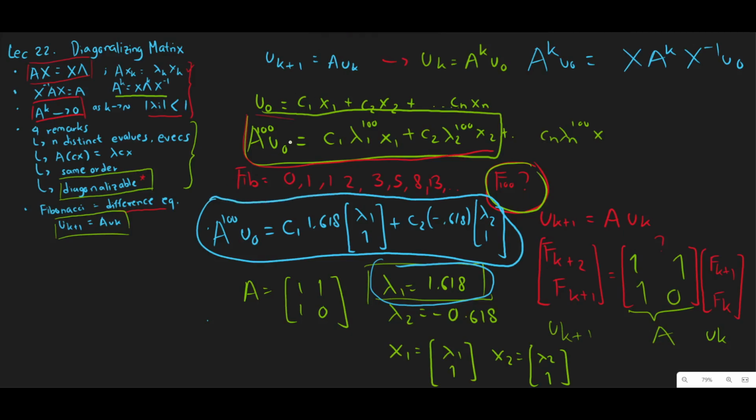Okay, so this is my general solution for the k term. Remember that this is actually my u_k. So I can find the 100th term with this formula right here. Okay, but I still need to find c1 and c2. And how can I find that? By utilizing the 0th term. So what does that mean?